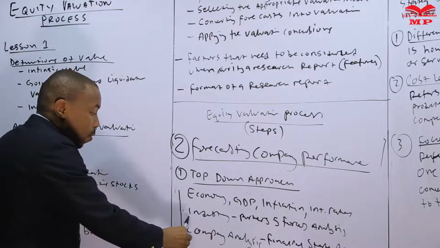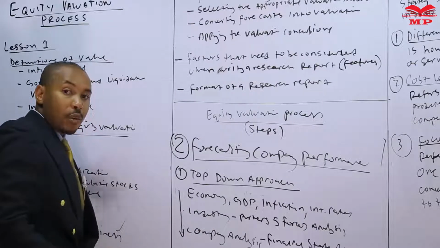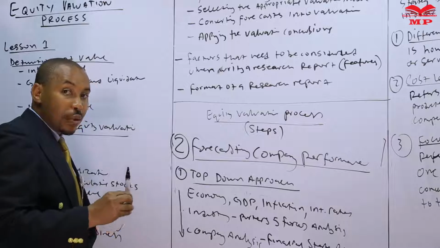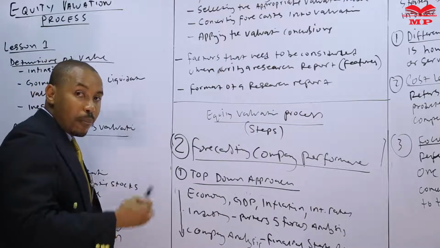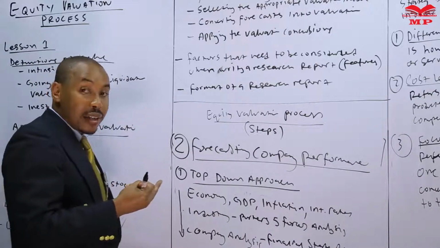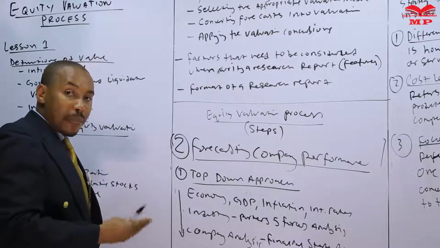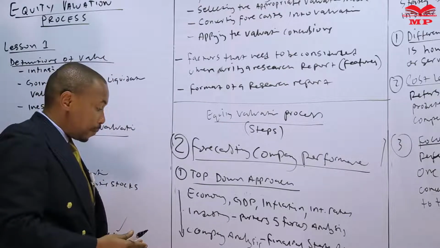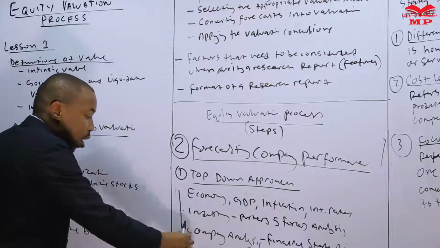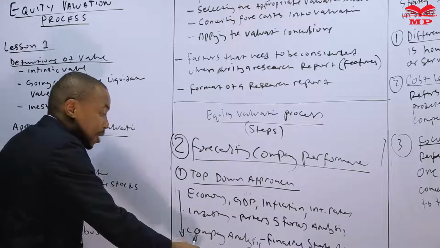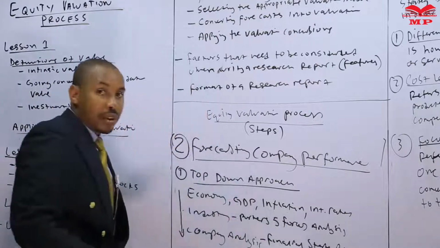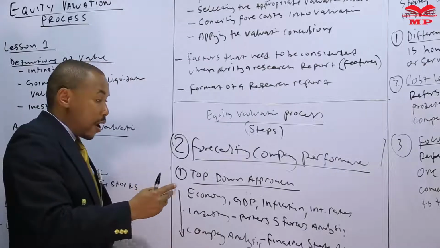You come down now and analyze the industry. We've already done an industry analysis using the Porter's 5 forces analysis. We started with the competitors, and we looked at the buyers, suppliers, substitutes, and the new entrants. After doing that, now you analyze the company's specifics based on the financial statements. So you pick the annual report and analyze it.